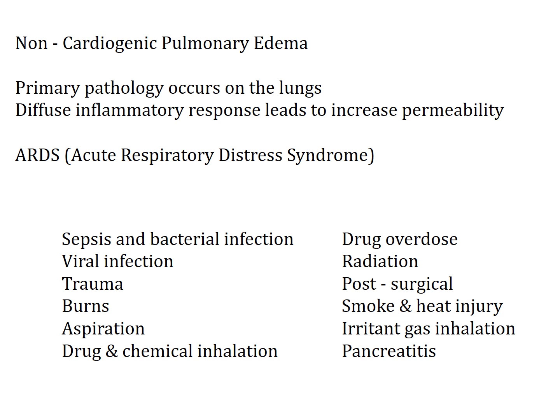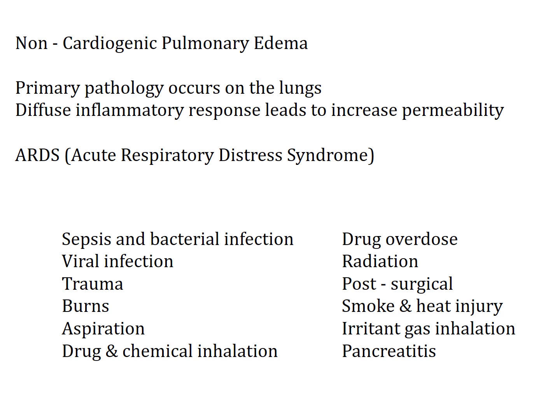Causes include severe sepsis, severe viral infection, trauma, burns, aspiration, pneumonia, inhalation of drugs and chemicals, drug overdose, radiation, thermal injury to the lungs due to inhaling smoke or heat, and pancreatitis, another cause of ARDS, right? So non-cardiogenic means the pathology is not from the heart, it's coming from somewhere else.